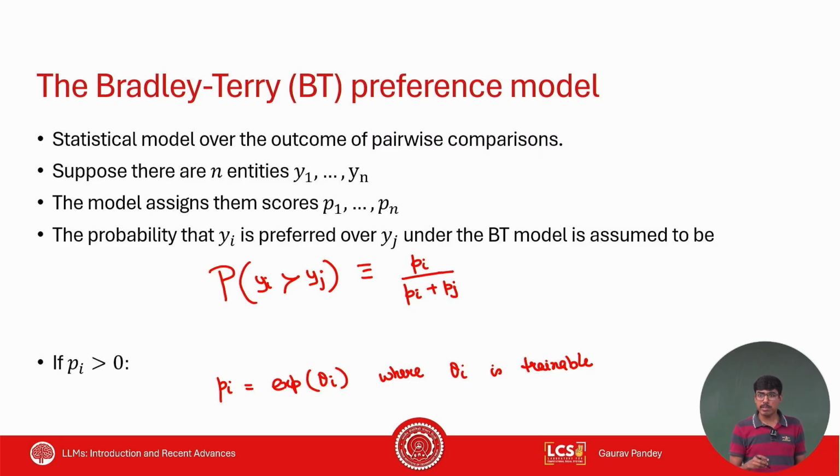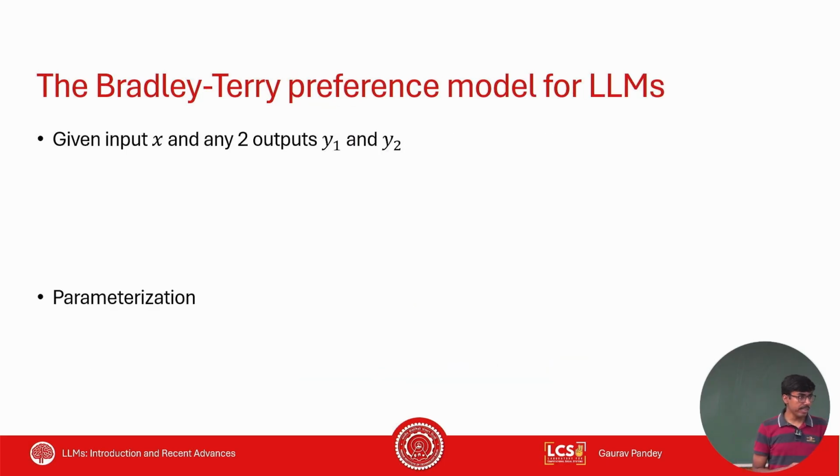Now we'll talk about the special case in LLMs. In language models, you not only have those yi and yj, you also have the prompt x as input. So here you define the conditional distribution of picking yi over yj given an input prompt: the probability of picking yi over yj given a prompt x.